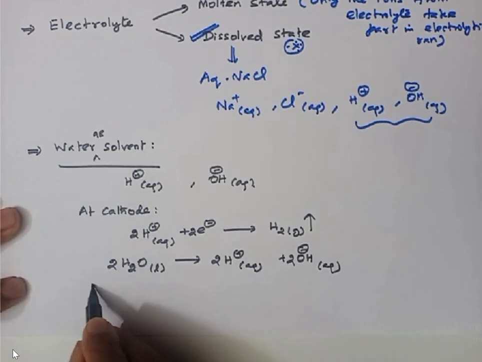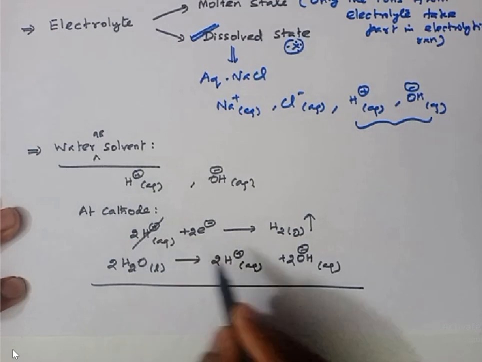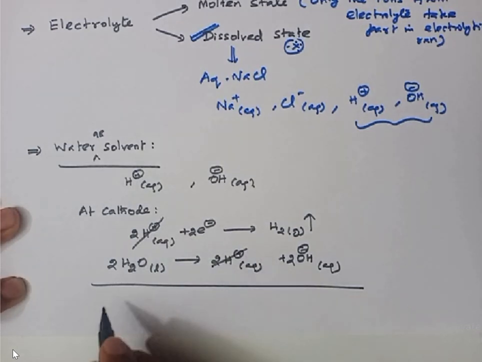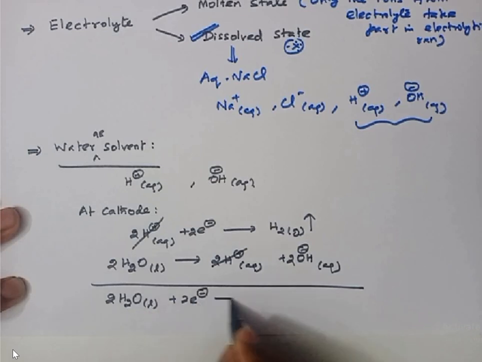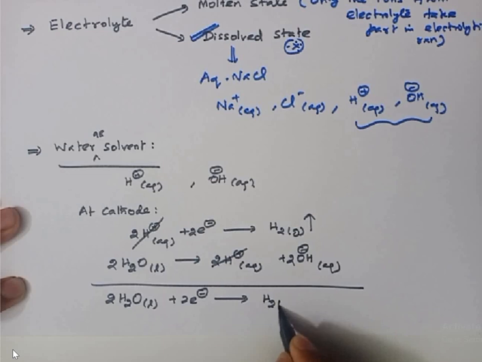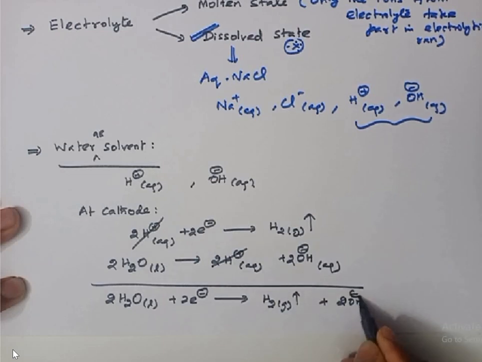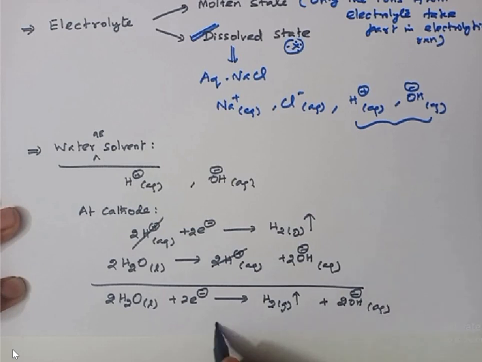Now if I sum up these two, H plus cancels, so you will get a reaction like this. H2O liquid gains 2 electrons and gives you hydrogen gas plus 2 OH minus ions in the aqueous medium.